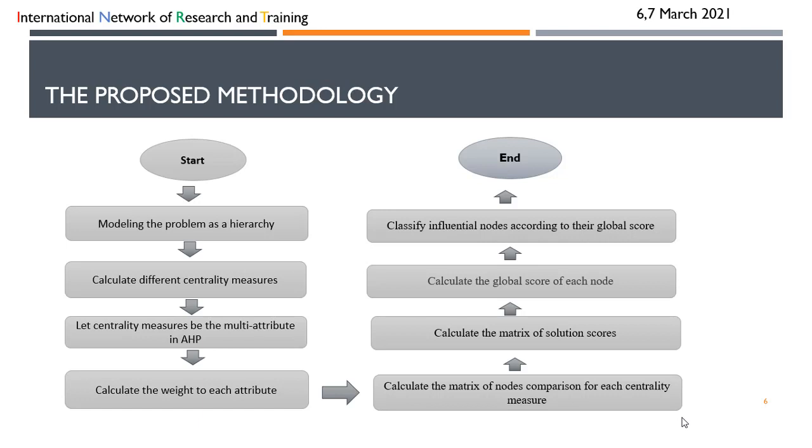Then we calculate the weights of each attribute. We calculate the matrix of node comparisons for each centrality measure. We calculate the matrix of solution scores. We calculate the global score of each node. And we classify influential nodes according to their global score.